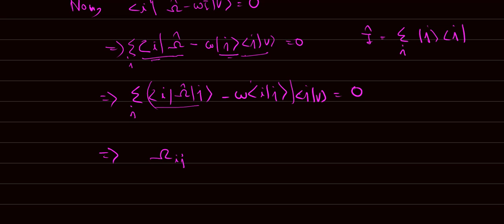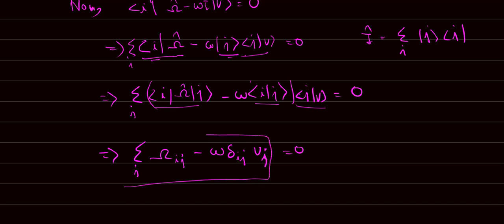So you can write like this, the matrix representation, and this is just the Kronecker delta, and this is the component of V along Z. If we solve this matrix equation, we can easily find what omega is.